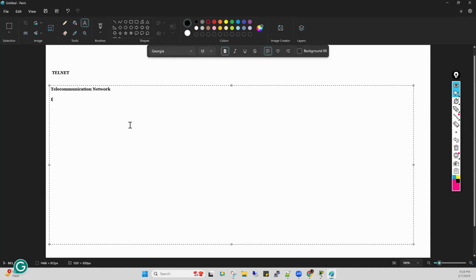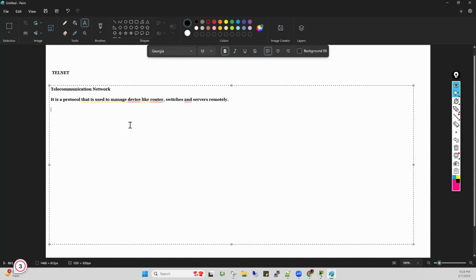So you can say it is a protocol that is used to manage devices like routers, switches, and servers remotely.